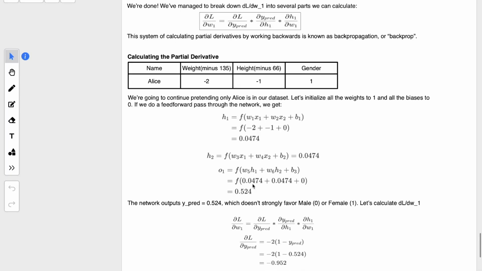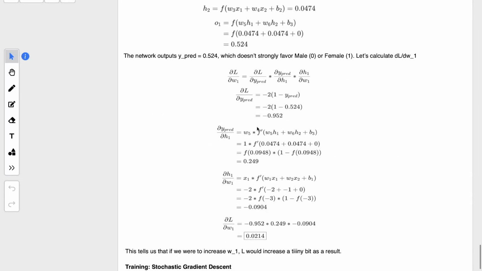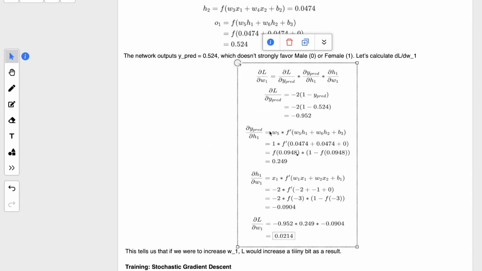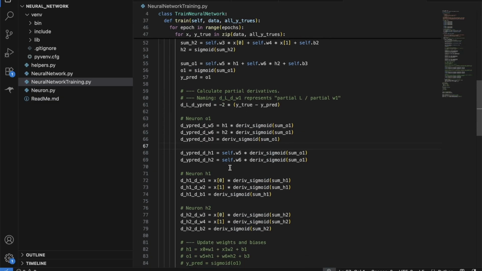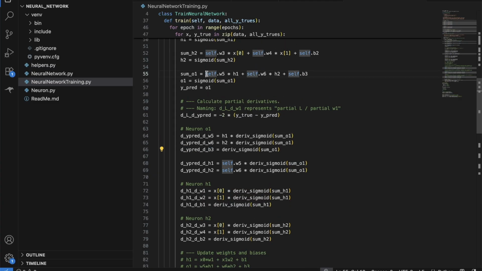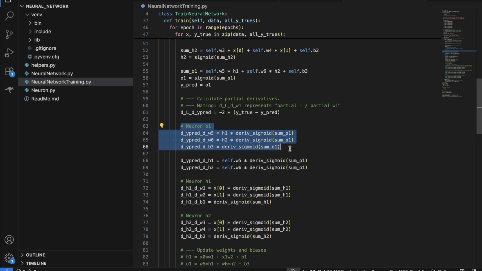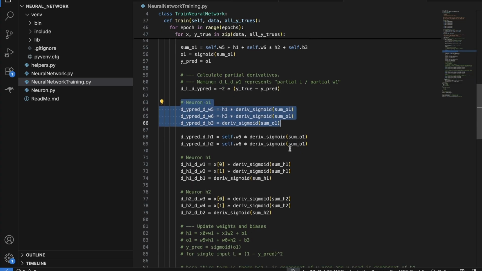Same thing that we did here, we are just doing it in the code now. So we calculated our w5, w6, and b3. Here, if you look at this formula, b3 does not have a constant, so it's simply derivative sigmoid of sum o1. I hope this is clear. If not, please watch it again, because this is a crucial part of training a neural network.